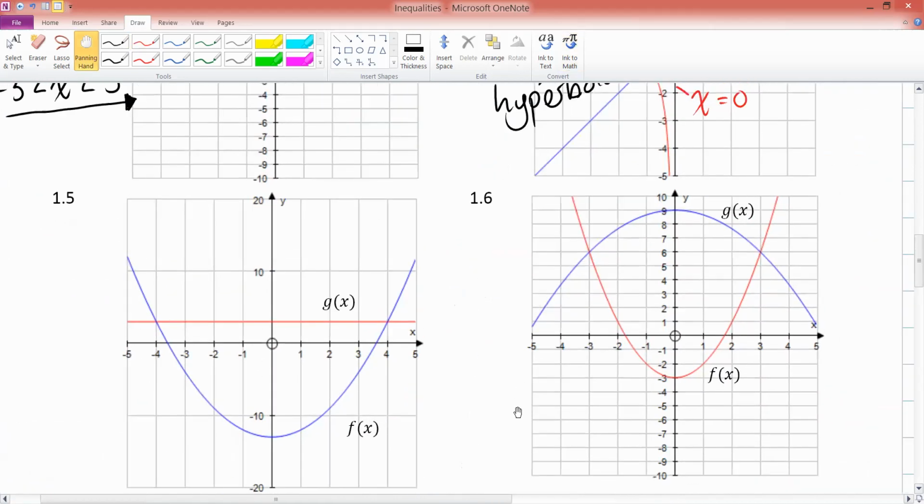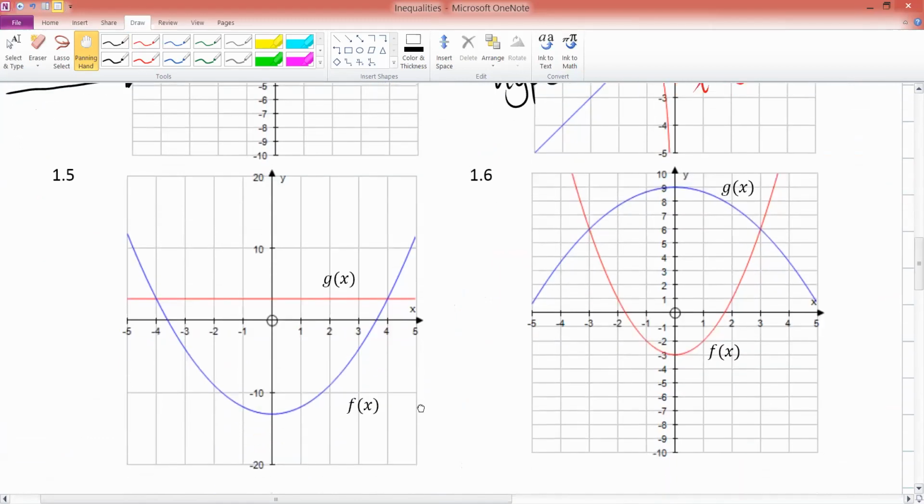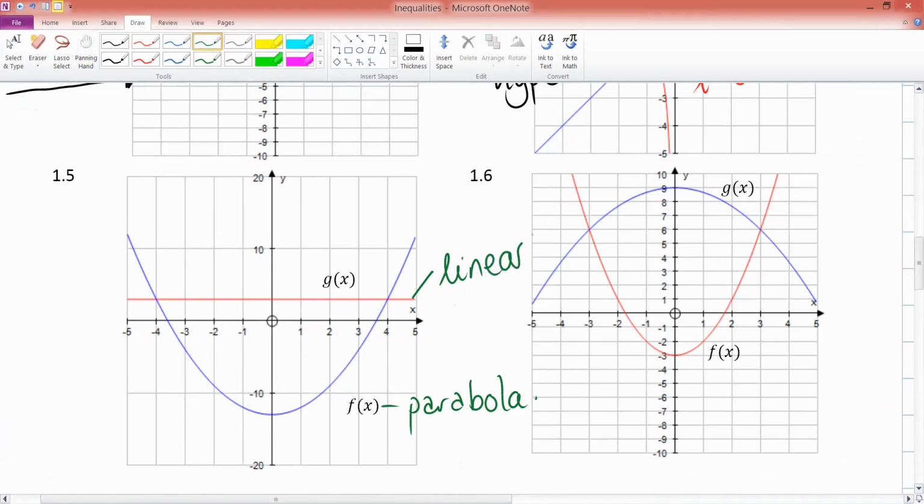Now, 1.5 is also going to be slightly different. Why? Because if we look at where f of x, this time, is your parabola, then g of x is your linear graph.